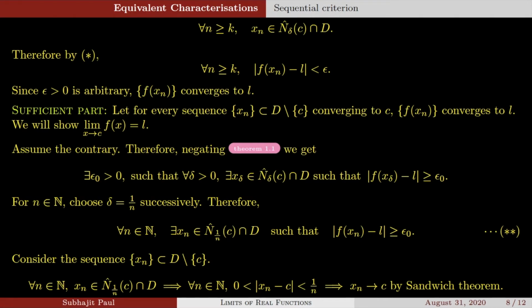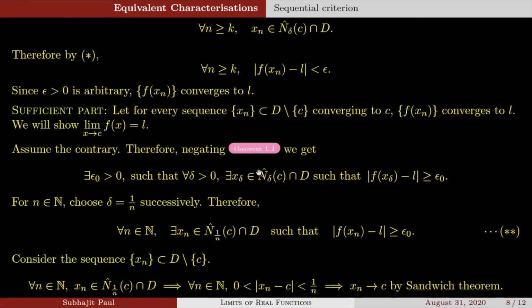Okay, so what do we have? Understand this thing. We assumed the contrary. Our hypothesis has been that for every sequence xn converging to C, f(xn) converges to L. We want to prove that in that way we will be able to say that the limit of f(x) is equal to L. We assume the contrary.